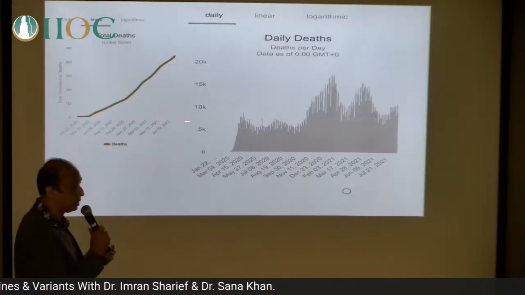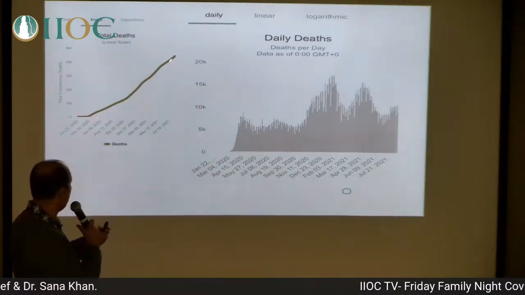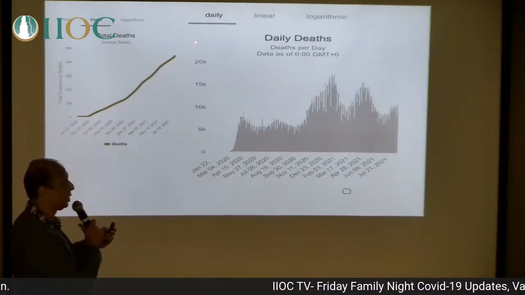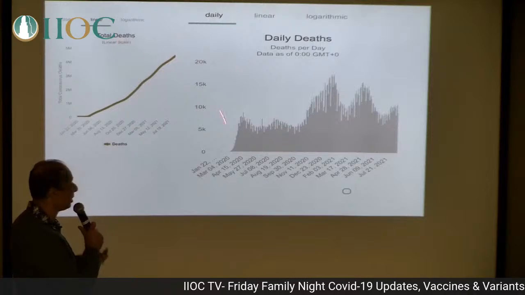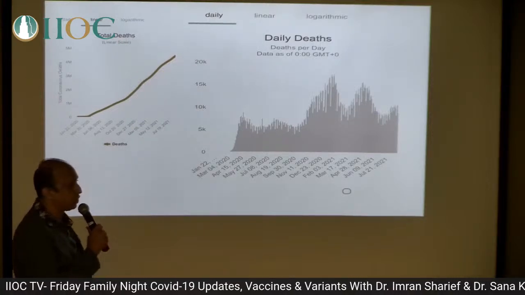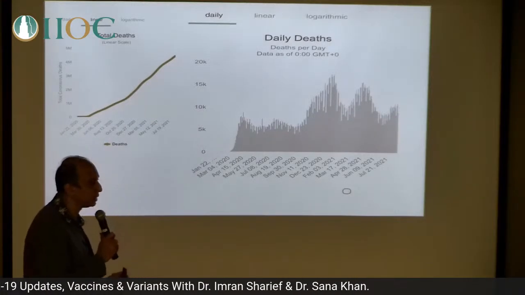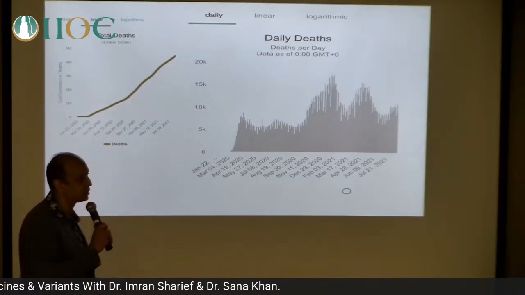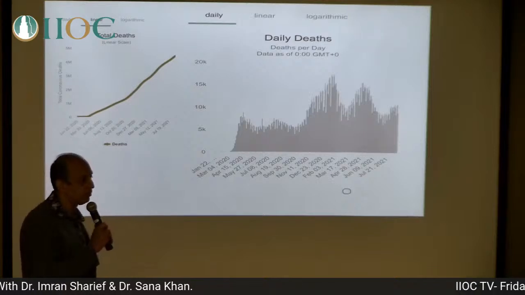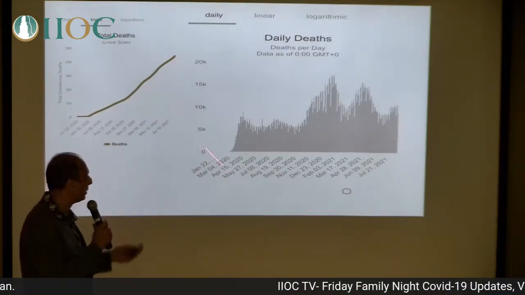So this is a chart explaining the number of deaths. As you can see, the graph continues to go up. It's not plateauing. It's not coming down. It just keeps going up. In spite of having Pfizer, Moderna, Johnson & Johnson, AstraZeneca, Novavax, the Chinese vaccine, Sputnik V, still there are more people dying every single day.